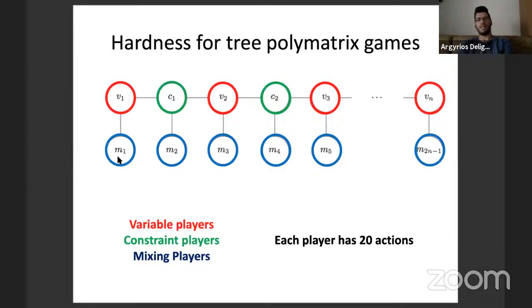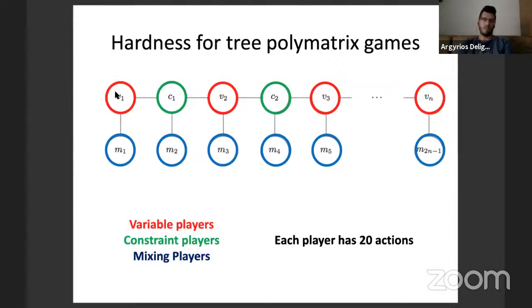The Polymatrix game has a very special structure. If you remember, we have an arithmetic circuit, and we want to simulate this arithmetic circuit. This arithmetic circuit deals with some variables, and there are some constraints between the variables.